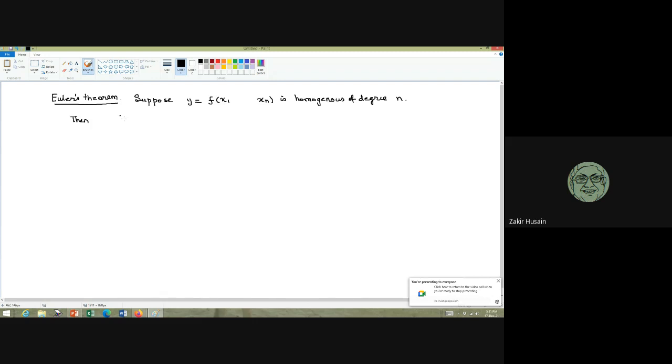In that case, the sum of the partial derivatives times the variables, up to xn into xn, is equal to lambda y.